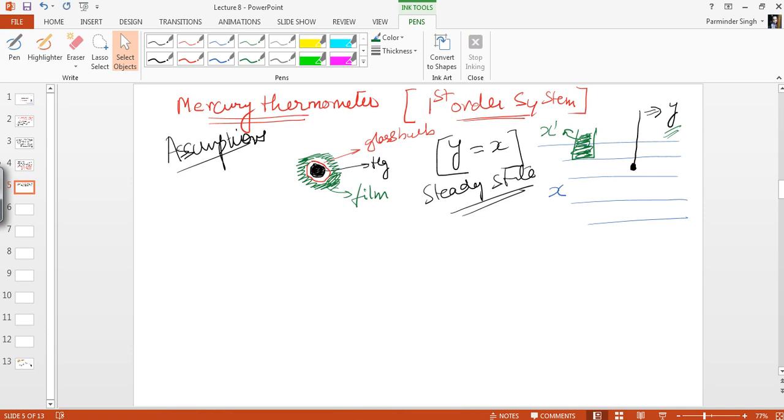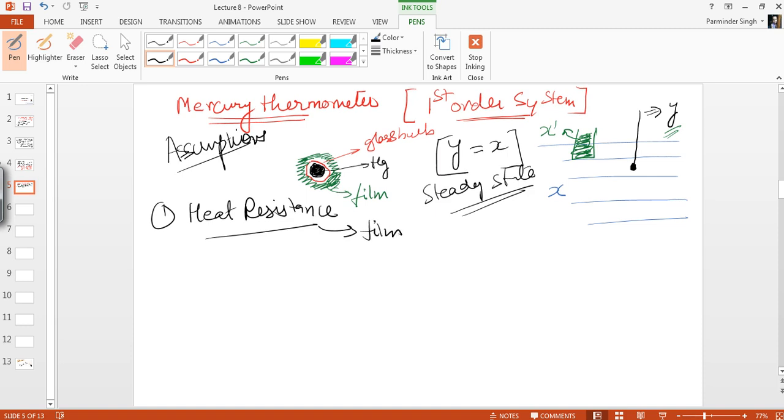Now there are certain assumptions to this. The first assumption is all the heat resistance resides in the film surrounding the glass.